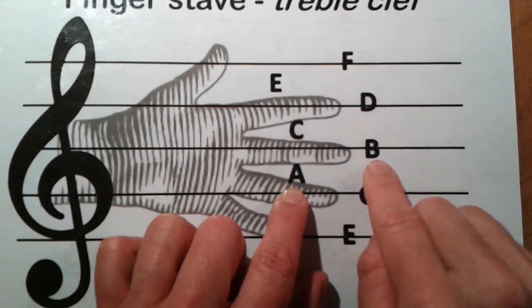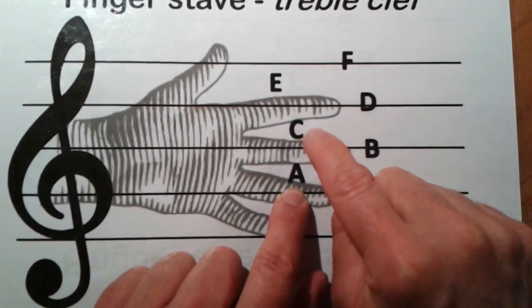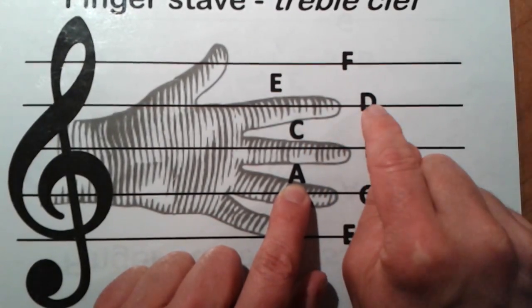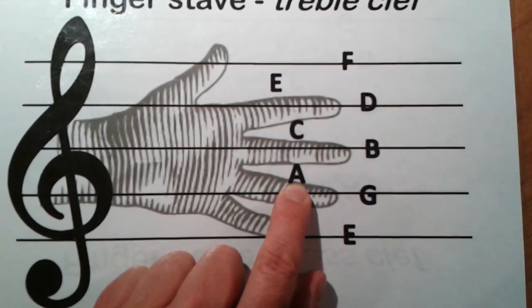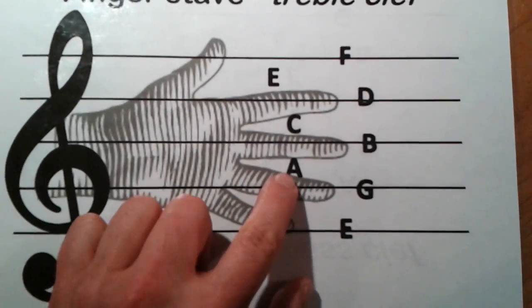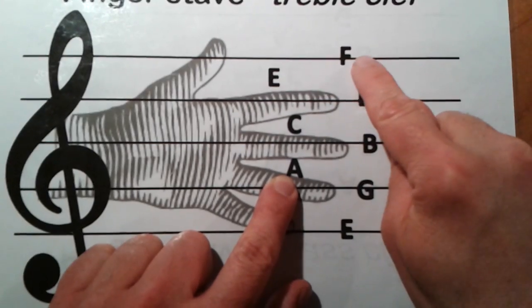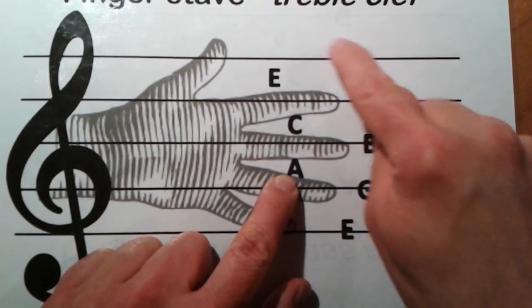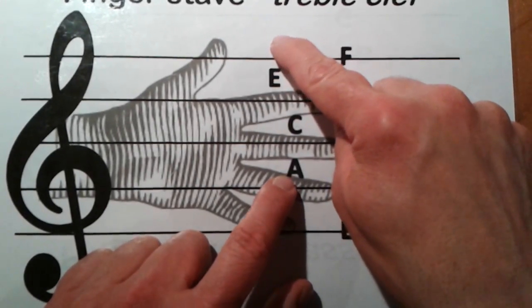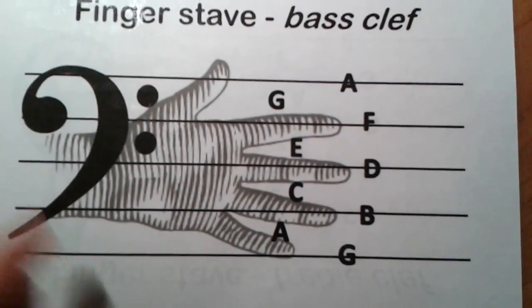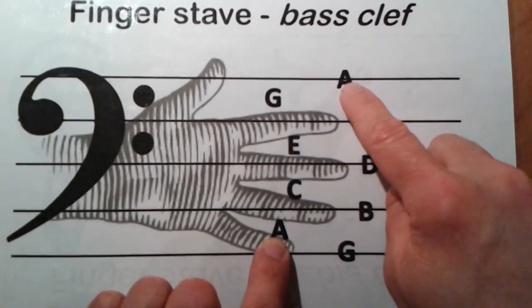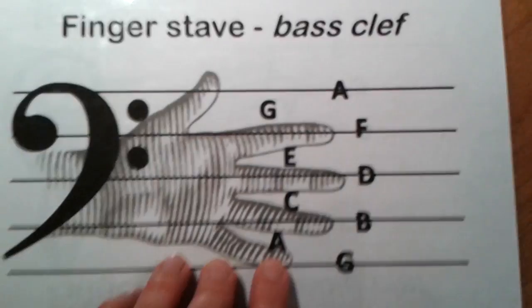So, A to B is a second, A to C is a third, A to D is a fourth, A to E is a fifth, A to F is a sixth, A to G is a seventh. We'll take the bass clef to show A to A, that is an octave.